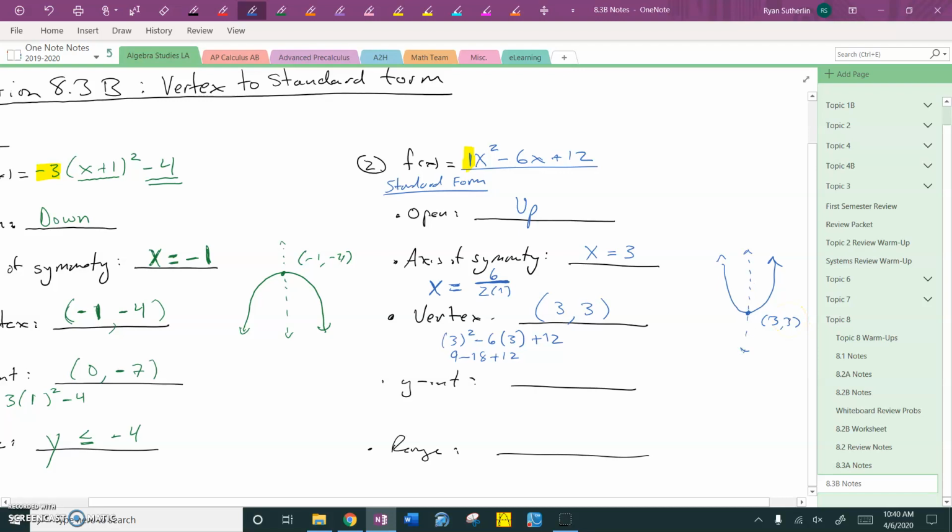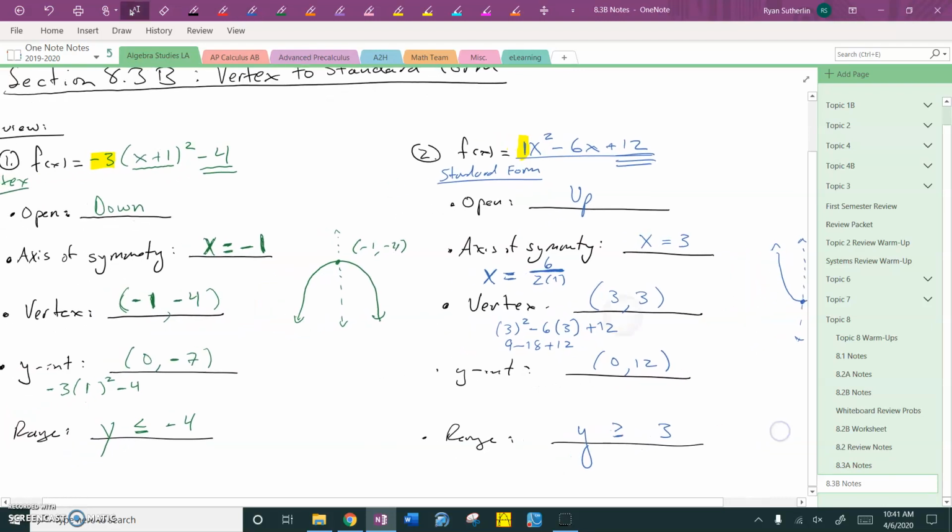My y-intercept, I love doing y-intercept from standard form because all we have to do is look at that c value, because if x is 0, this goes away. The -6 times 0 goes away. We're just left with 12. And now the range: I've got my y values, I've got the 3. All my y values are greater than or equal to 3.